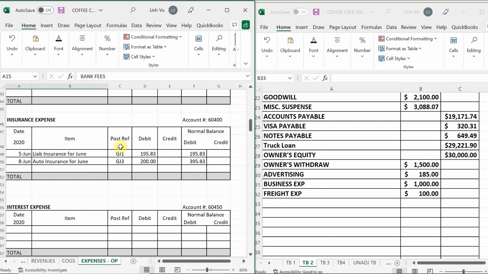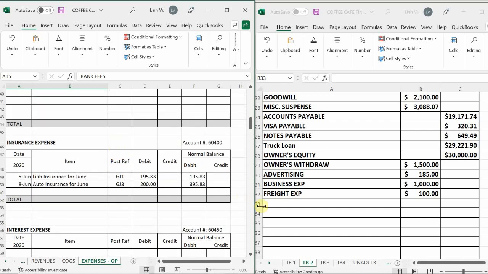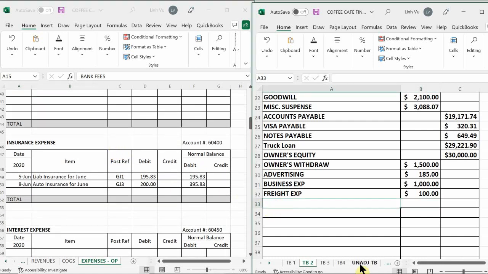What about insurance expense? Anybody else can jump in as well. It's 59166.